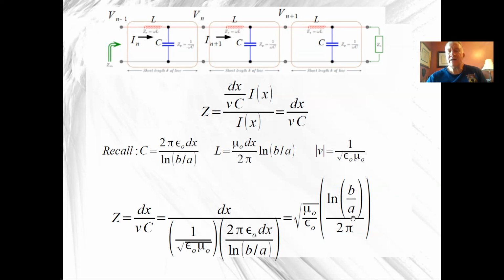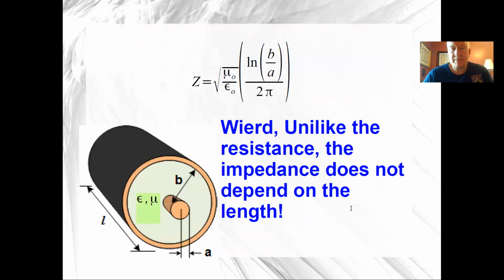where b is the radius of the sheathing, a is the radius of the inner conductor, and the permeability and the permittivity of free space are mu naught and epsilon naught.